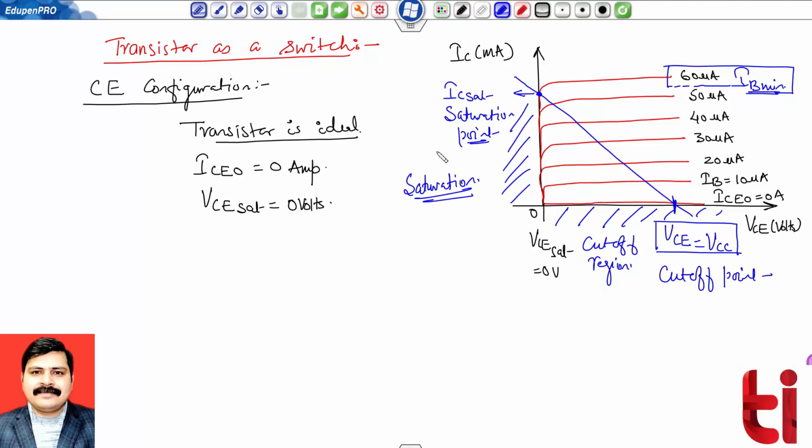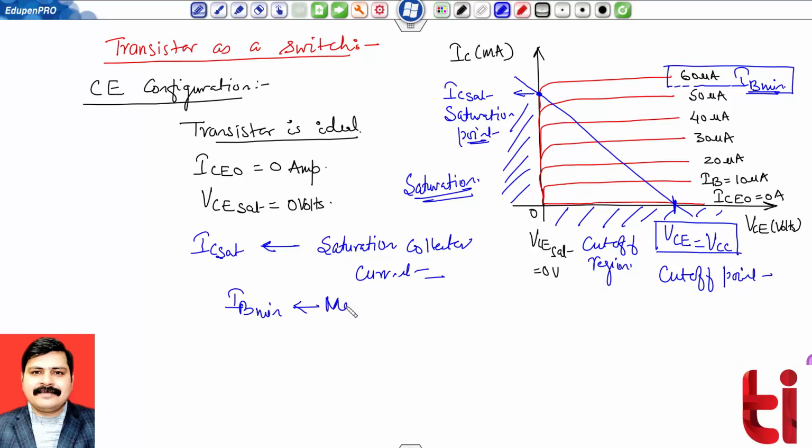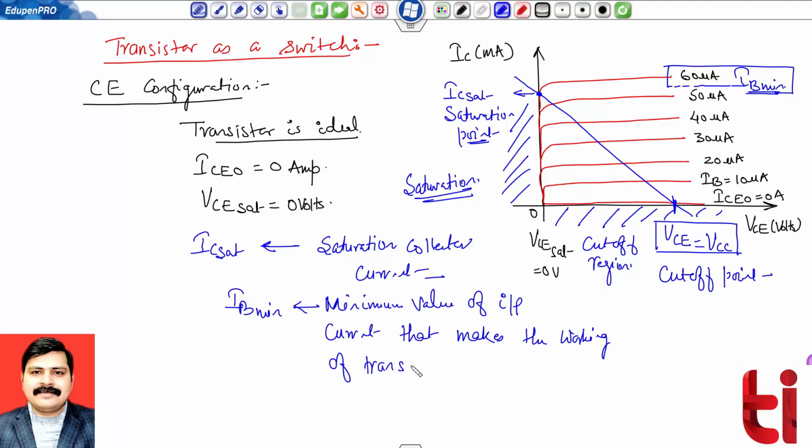So for the saturation region, I will have an output current, which is my IC sat, the saturation collector current, and IB min, the minimum value of input current that makes the transistor work in saturation.